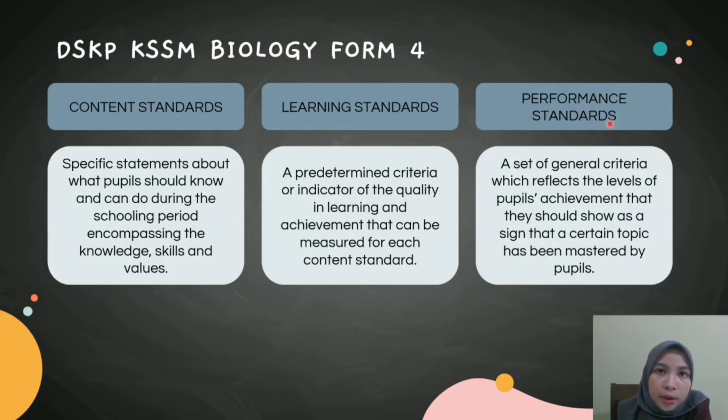The learning area in each theme describes the span of development of knowledge, skills, and values through its content standard, learning standard, and performance standard. So, the standard in the curriculum DSKP document is a statement about what the students need to know and are able to do after learning a topic or a unit in a subject matter.